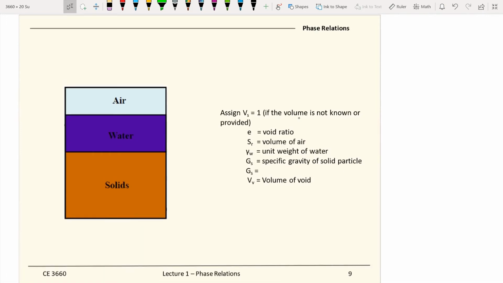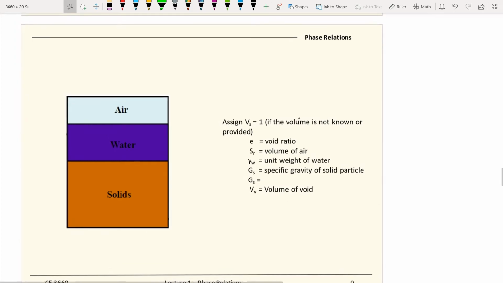Okay, furthermore, this slide number 9, I would say this is a very important slide. If you understand this slide, then very likely you understand this topic, the phase relations. The purpose of this slide is a kind of mental exercise for us to recap what we have learned. Given a phase diagram, remember that with phase relations problems, everything starts from the phase diagram.